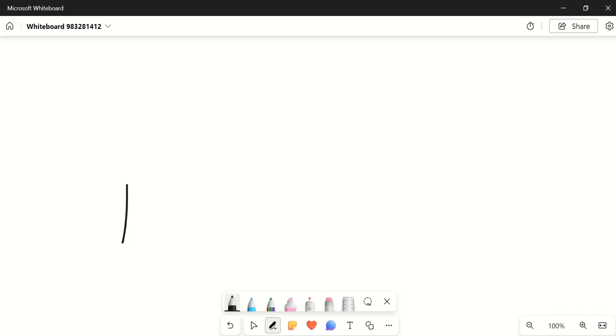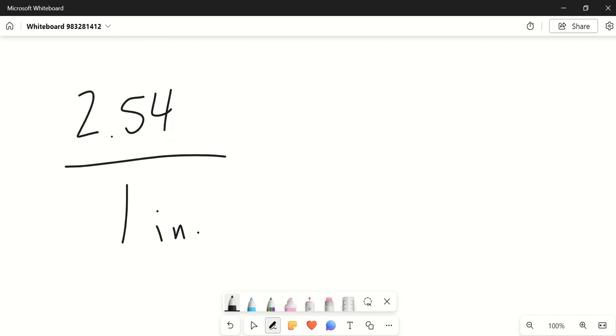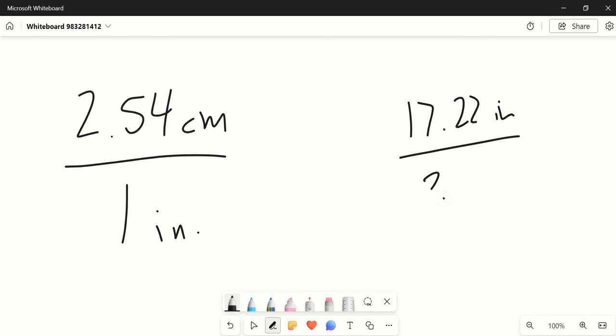So again, 1 inch in the metric system becomes 2.54 centimeters. Now, what we want to do is find out how many centimeters 17.22 inches will equal.